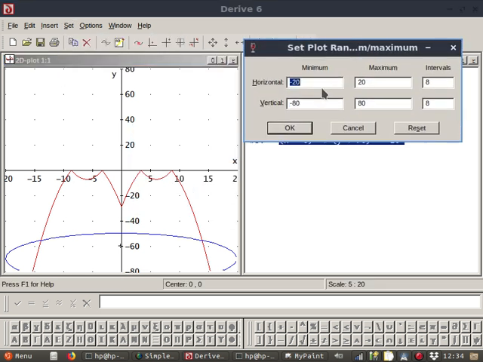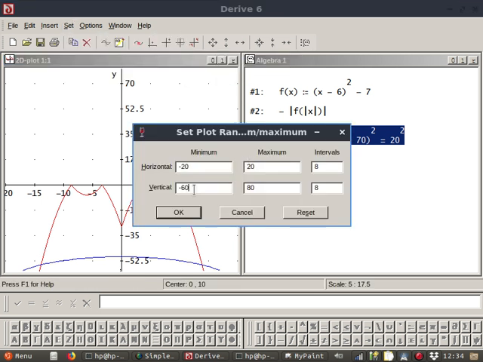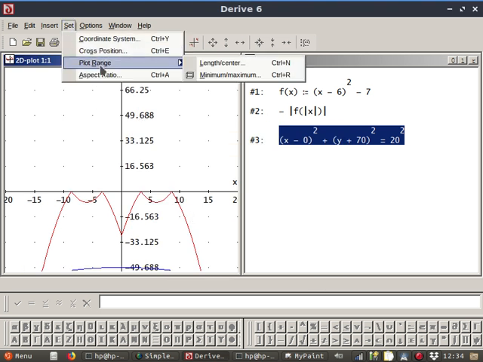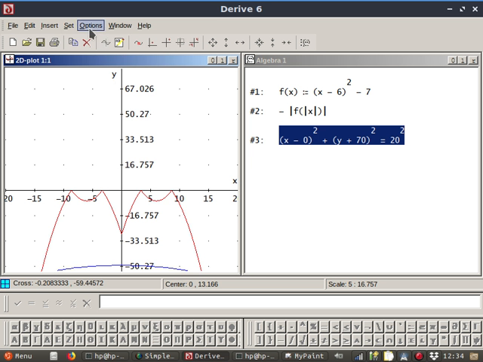So my graph goes from minus 20 to 20, not to minus 80, to minus 60. Ooh, nearly. 52.5. 54? Ooh, nice. Okay, getting closer.